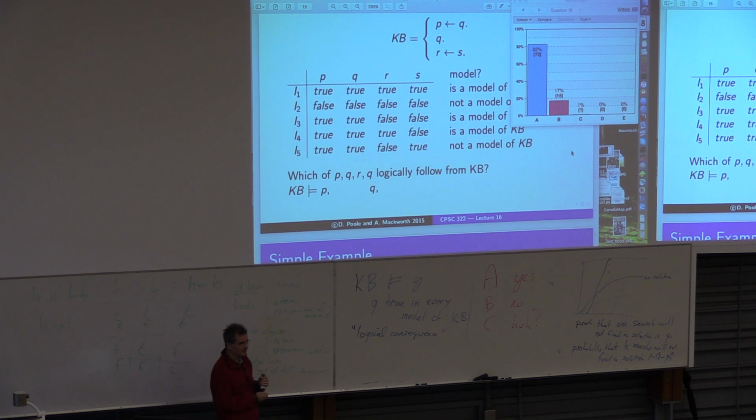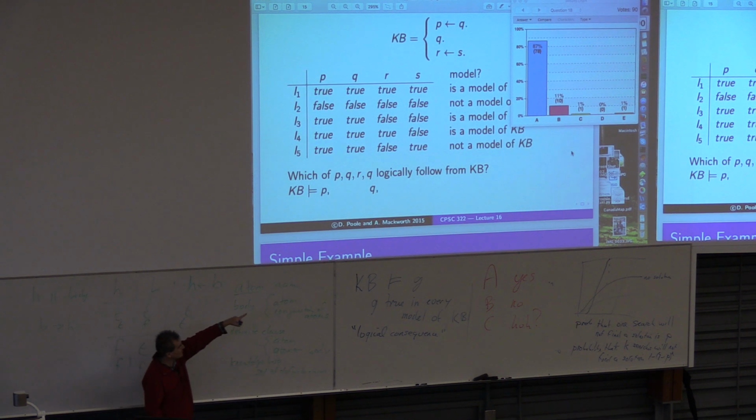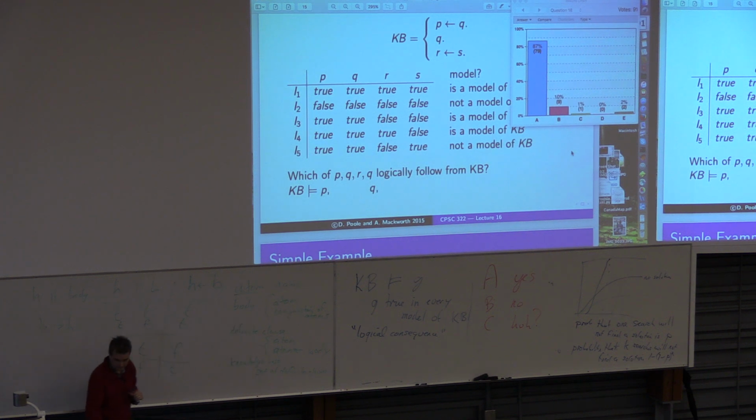It's been wrong before, you know. So Q must be true in every model because the second statement says that Q is always true. So in every model, for that statement to be true, Q has to be true.